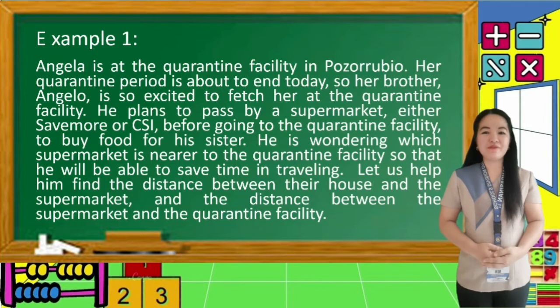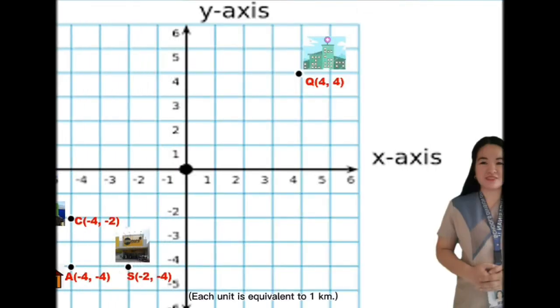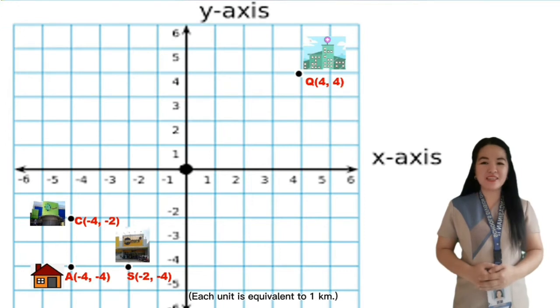Let us help him find the distance between their house and the supermarket and the distance between the supermarket and the quarantine facility. Suppose this is the illustration. In the illustration, let A be the point where Angela's house is located, S for Save More, C for CSI, and Q for the quarantine facility.